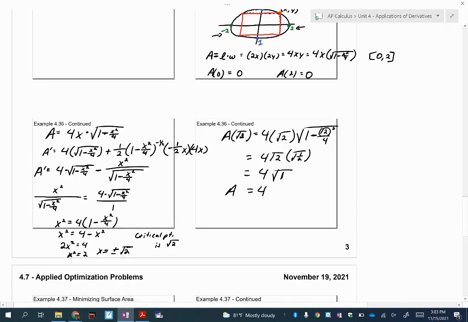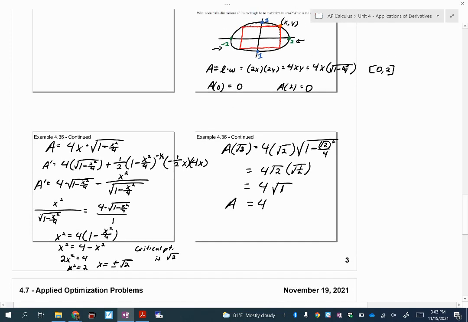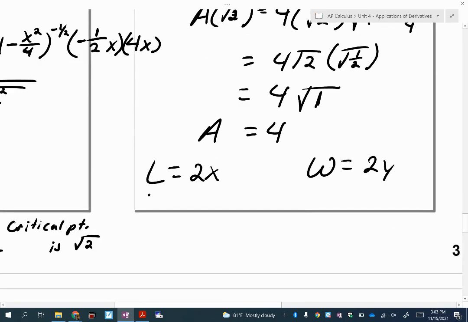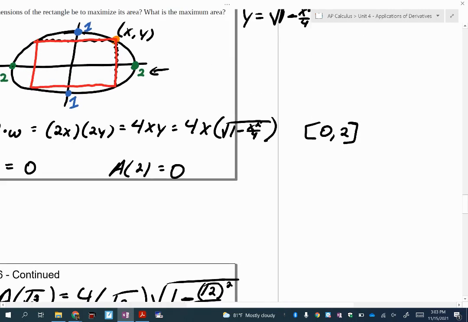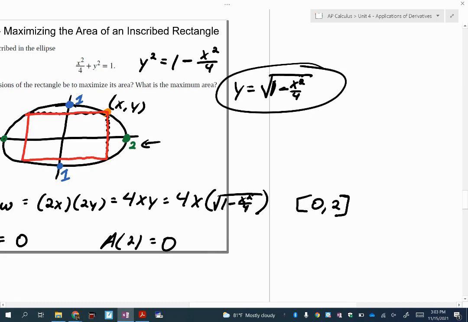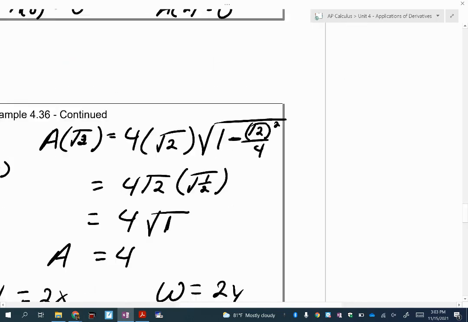Now I'm not done because I need to find the dimensions. I told you that my length was 2x and my width was 2y. So the length is pretty straightforward. That's just going to be 2 times the square root of 2. All right, and then for my width, it's 2 times, and remember we said y was the same as the square root of 1 minus x squared over 4.